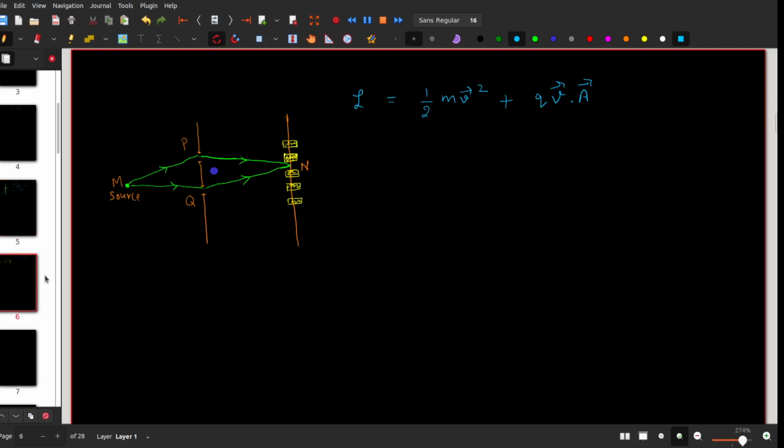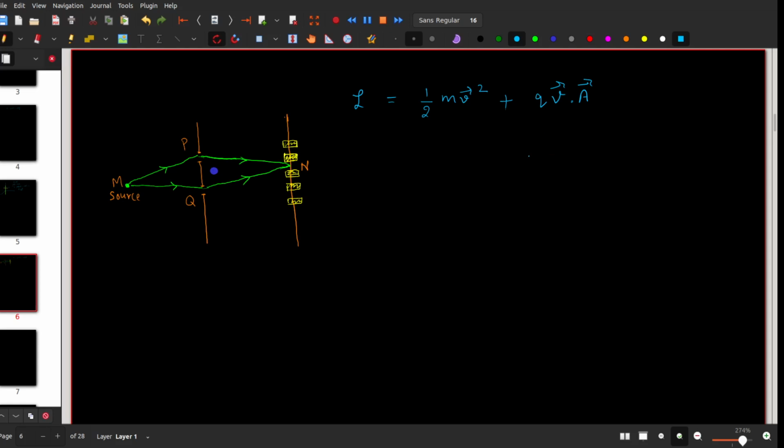Now let us revisit the setup from a quantum mechanical perspective. This is our Lagrangian. We have a vector potential A, and this is our setup. This vector potential A appears in the Lagrangian through a dot product with the velocity of the particle.